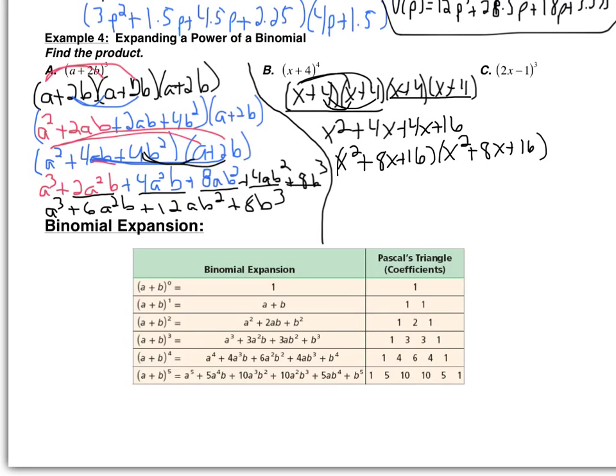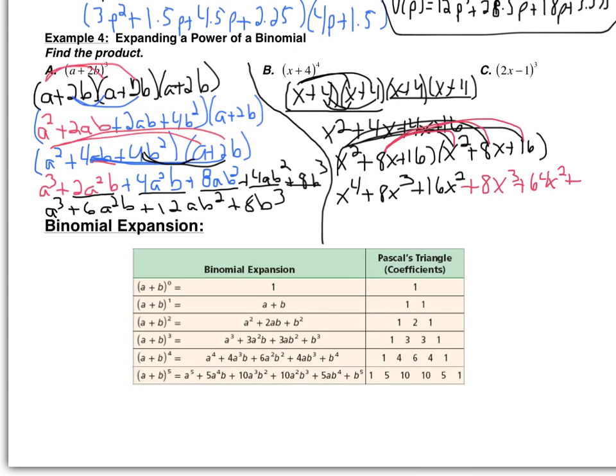And then we can multiply the two together. So let's start off with x squared times x squared is x to the fourth. X squared times 8x is 8x to the third. And then x squared times 16 is 16x squared. Then we can distribute the second term. So we have 8x, so 8x times x squared is 8x cubed. 8x times 8x is 64x squared. 8x times 16 is 128x.